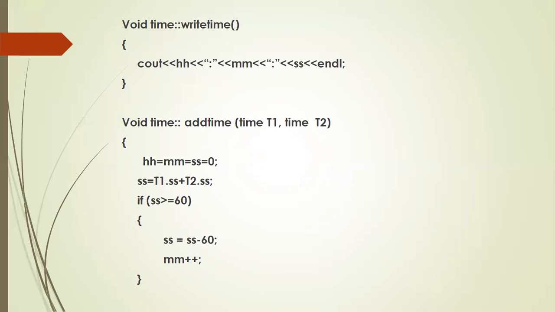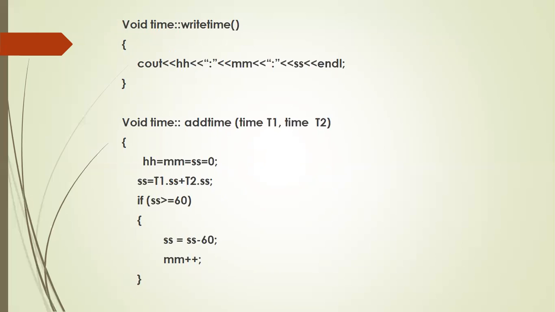Wherever you write simply hh, mm, ss, that will be taken for T3. First, hh equal to mm equal to ss equal to 0. That means the hours, minutes, and seconds of the third time T3 are set to 0. There I'm not using any object. Simply writing hh, mm, ss means that will be taken for T3.